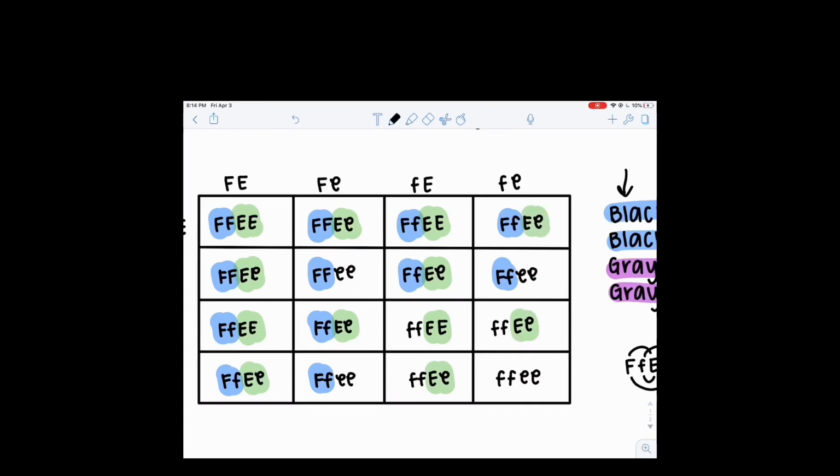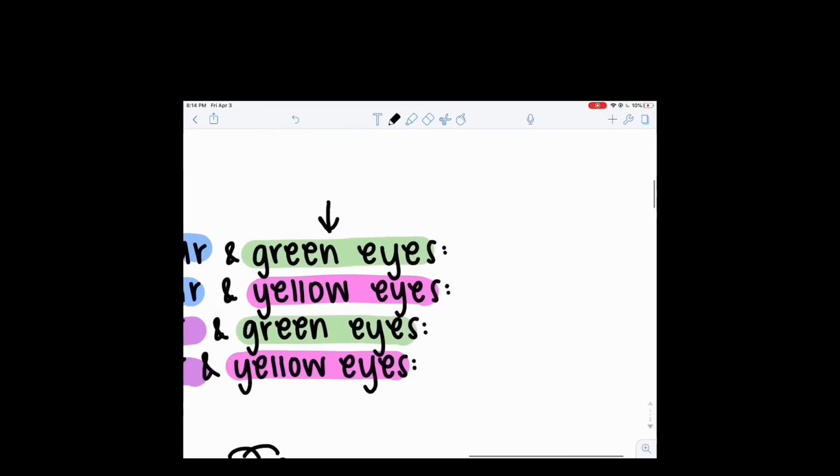So the question is asking which ones have black fur and green eyes, so anything with the blue and green both shaded is going to be our answer, and we just counted 9 out of 16.